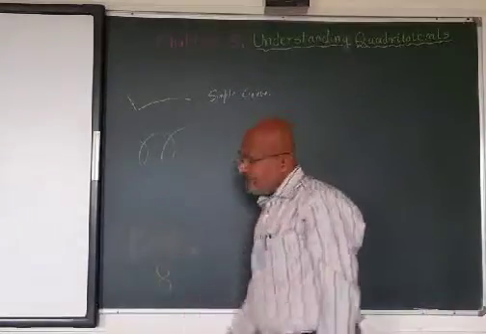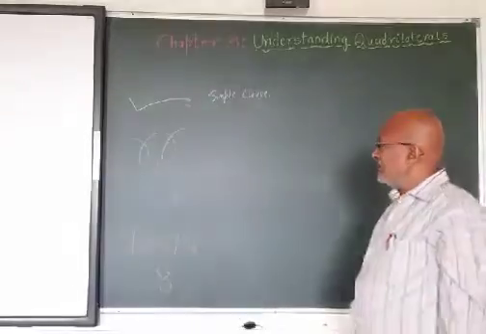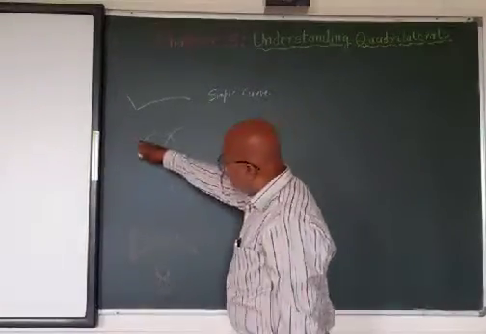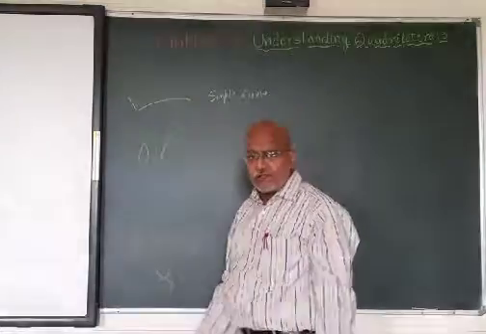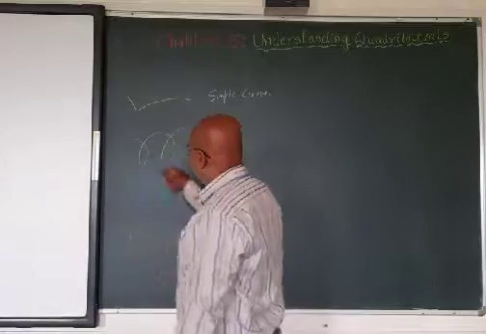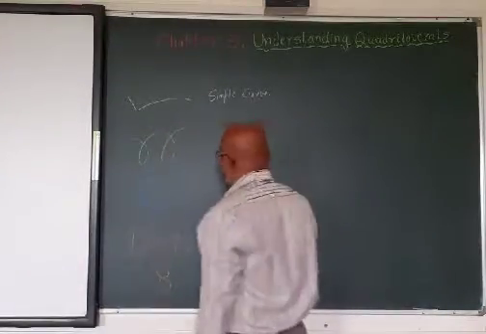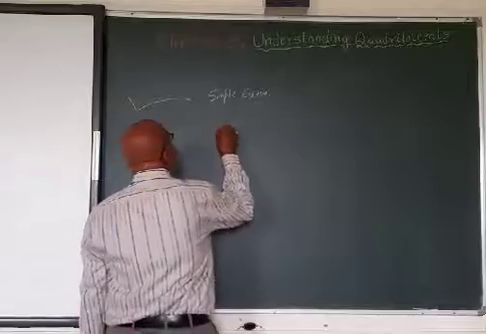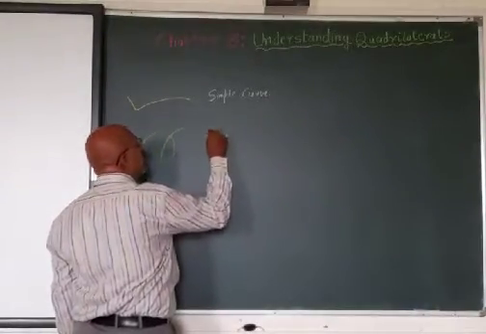Now, is this a simple curve? No. Why? The reason is that this curve is intersecting again and again. So it is not a simple curve. It is a closed curve, but not simple. Why is it closed? Because it is closed in some area. So we will say it is a non-simple closed curve.